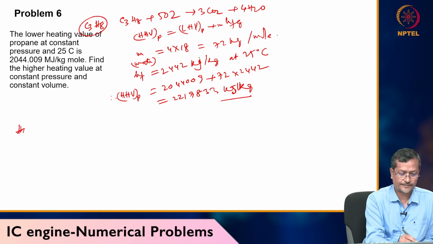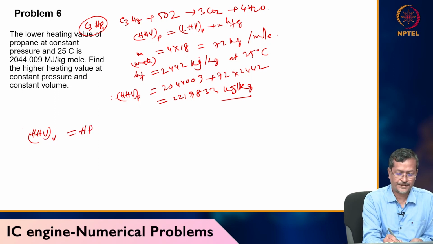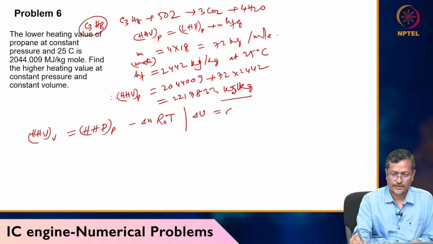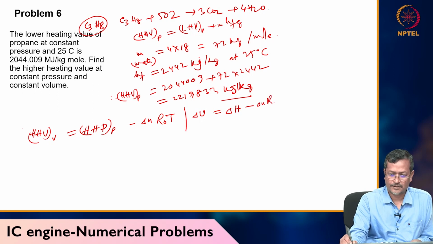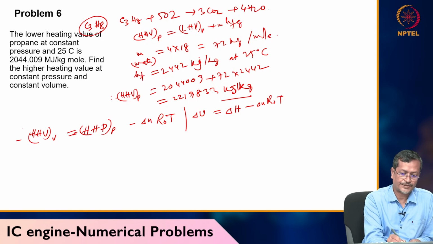Now the higher heating value at constant volume equals HHV at constant pressure minus delta n R T. So delta U equals delta H minus delta n, the number of moles, R T. All the signs will be negative.